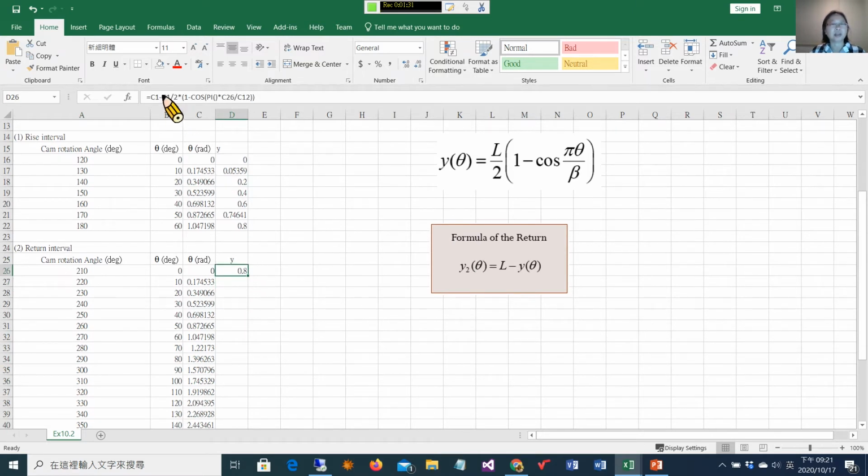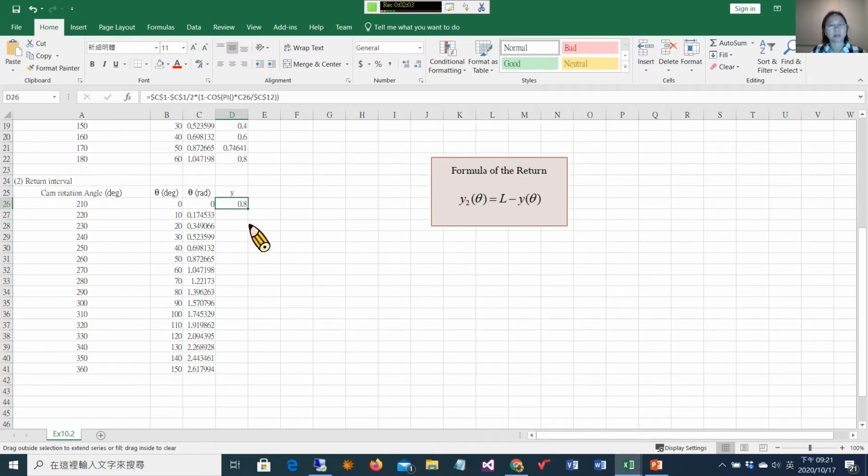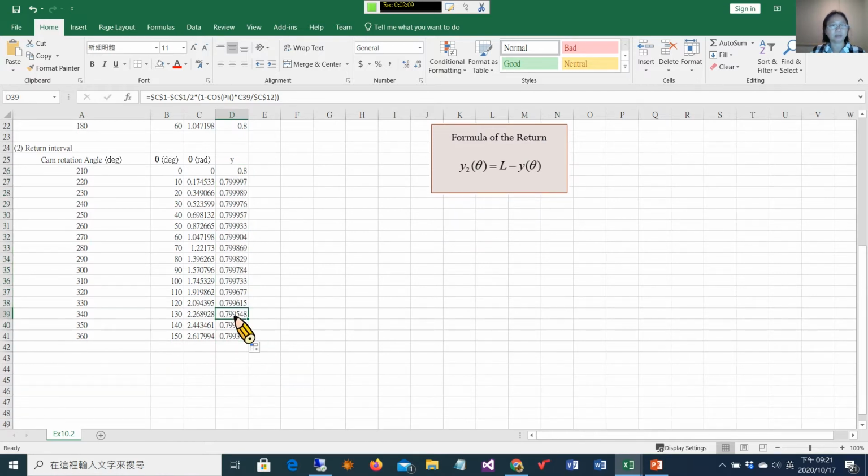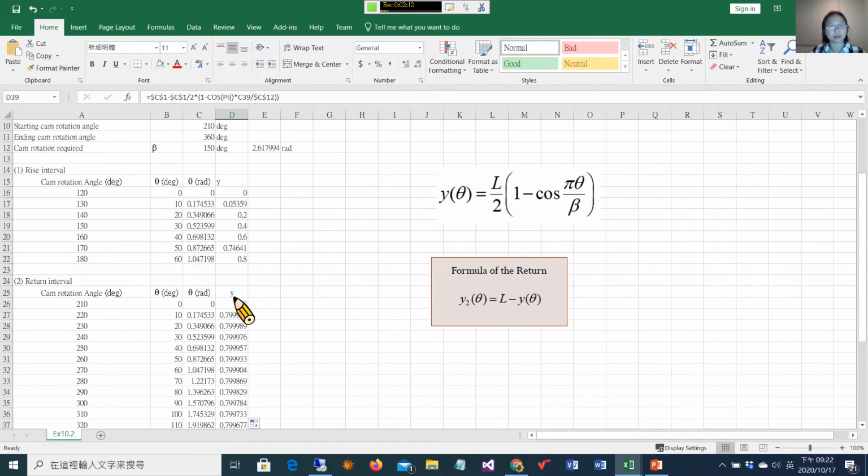C1 is the amount of the return, so it must be fixed. Dollar sign here. And C12 is beta. It also must be fixed. Enter. So we copy this to other cells. It's not correct. Let me check it.